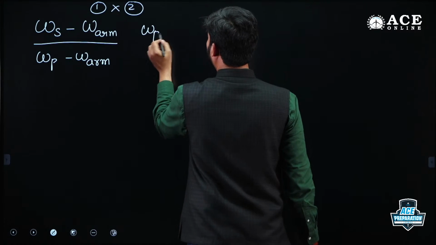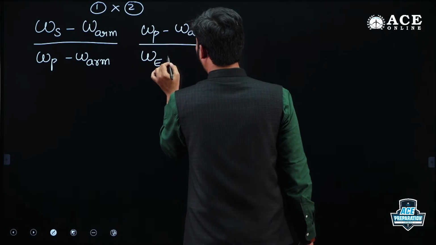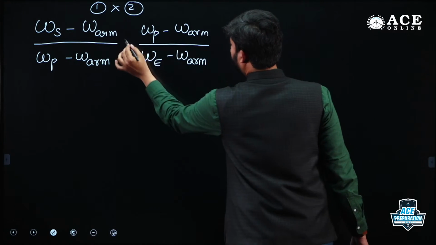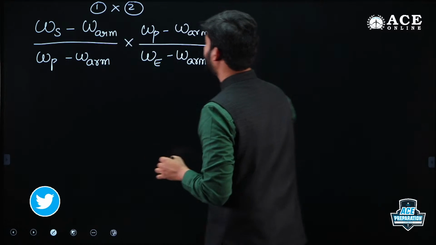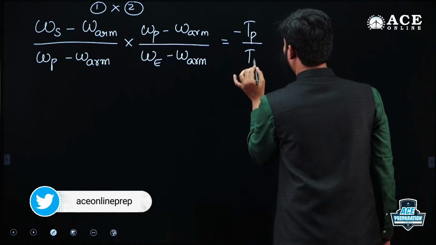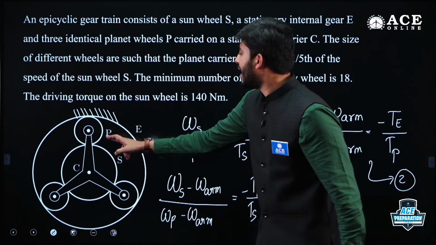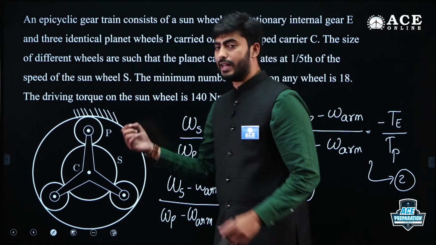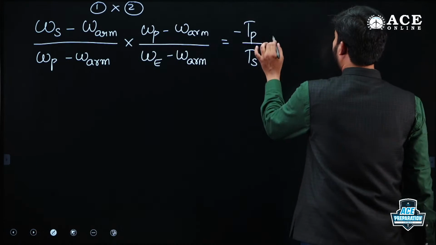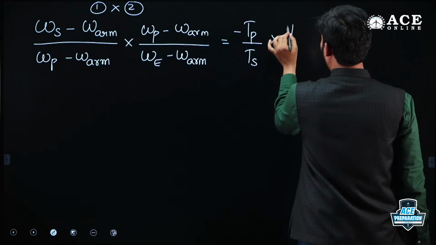So omega P minus omega arm by omega E minus omega arm is equal to, this ratio will be minus Tp by Ts, and for this ratio, the planet and the internal wheel are internally geared, so both will have the same direction of rotation.